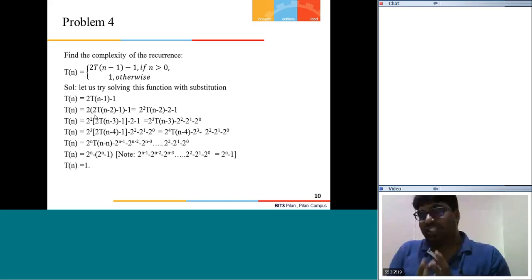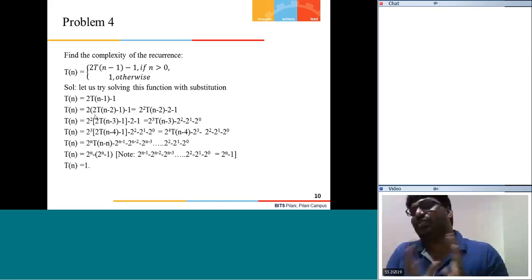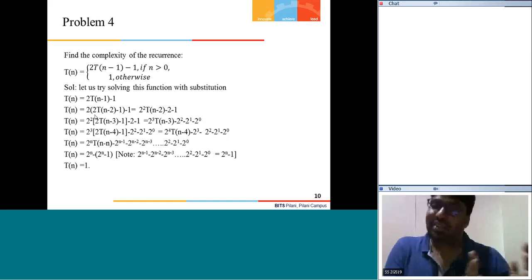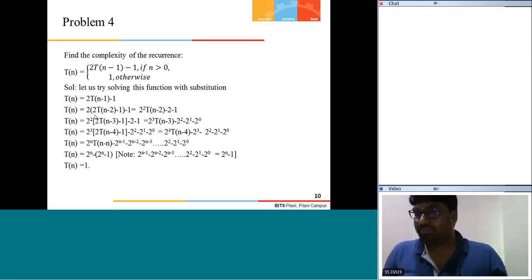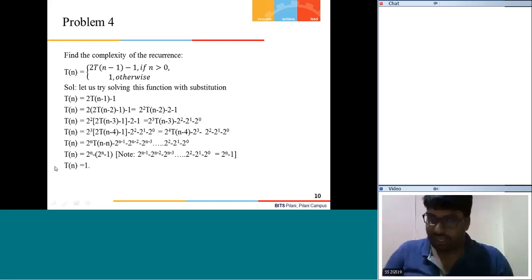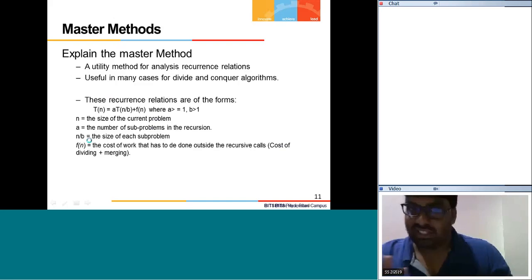Generally, when it is division, we assume that the division is happening equally. In reality, it might not happen, but we are making an assumption. If I got n values in recursion, on one side it will be n by 2, and the other side will also have the same number of elements. May not be the same, that's what I'm saying. If it is 1, you might not even run the loop. Okay, so don't worry about the recursion. This is how the recursion goes.